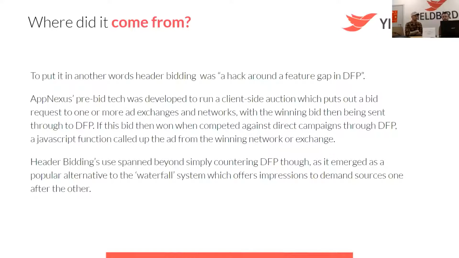It was basically a way to create a bit of auction pressure, right? To push Google to pay more for impressions and to give the other SSPs a chance to compete at the same time, to buy some of the best impressions, if they are willing to bid high enough.